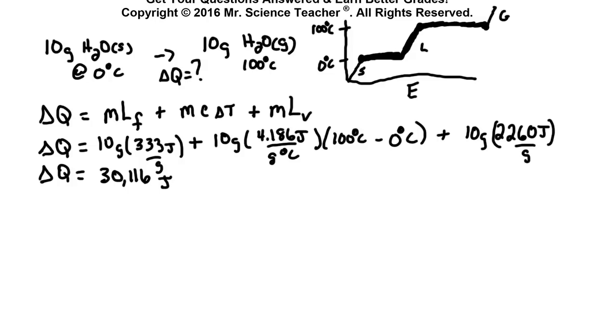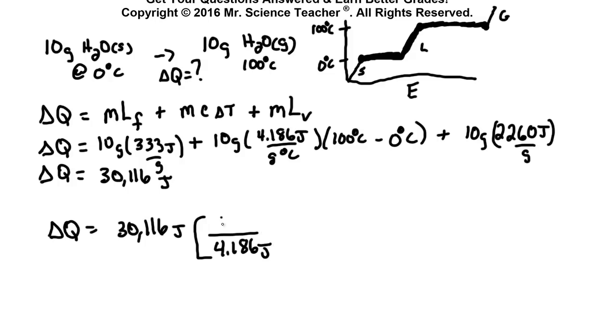Now you may recall from a previous day's discussion that not only joules, but calories is an appropriate unit for energy. So let's convert this to calories. So we have a delta Q equal to 30,116 joules. And there are 4.186 joules for every 1 calorie. So the joules will drop out, and we can calculate this in calories.